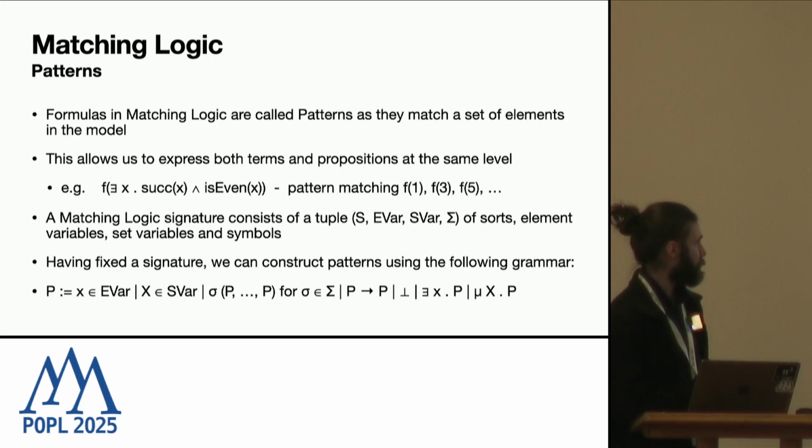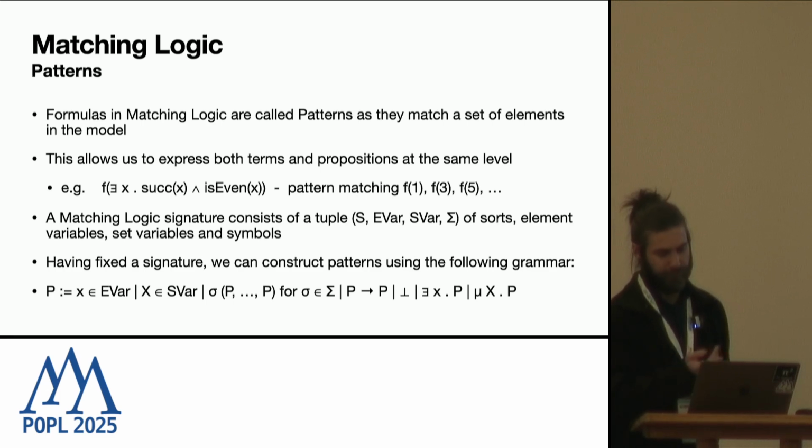So in this case, if x is even, it will match the entire universe of objects, and the conjunction is interpreted as set intersection, and successor of x is interpreted as just a singleton object.